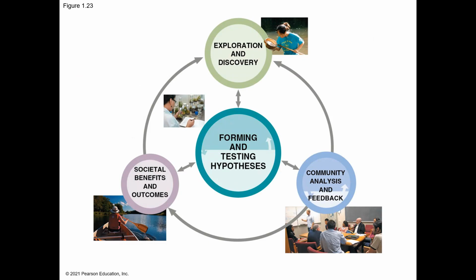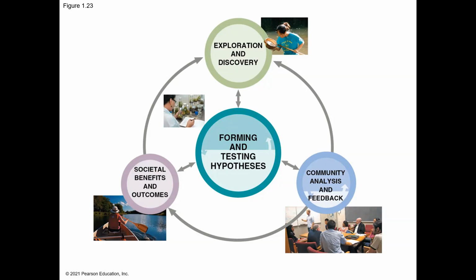So, forming and testing hypotheses can have its roots in many different things. It can be for exploration and discovery. Traditional science was exploration and discovery. You would travel to a new part of the world and you would explore and discover something new. But that's not the only way that science happens.